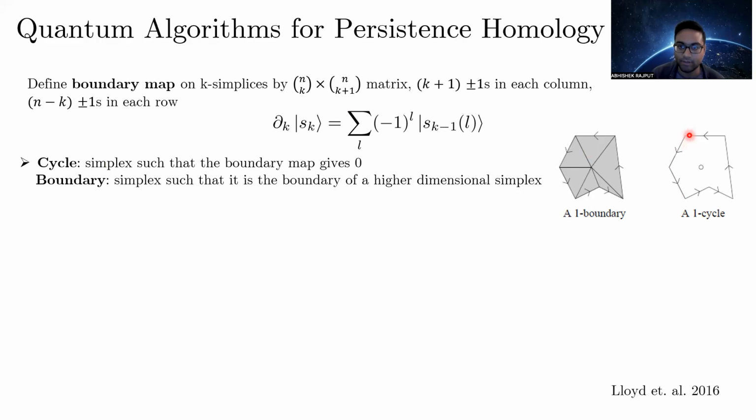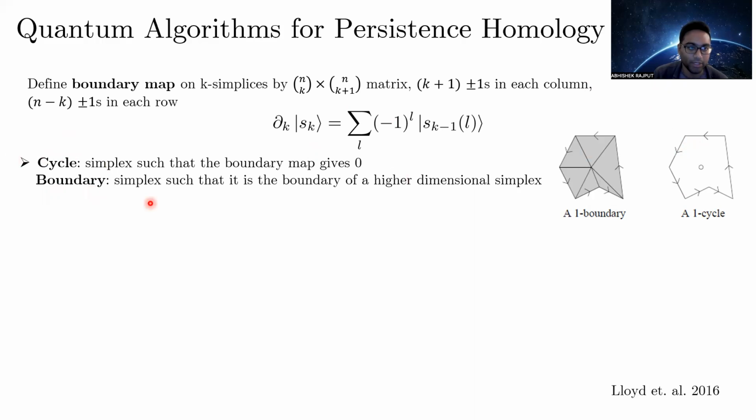So this point over here is on the boundary of this edge and this edge, and they come in with opposite signs. So if you do the sum, you get some cancellations, and they all cancel out pairwise, and then you get 0. So that would be a cycle.